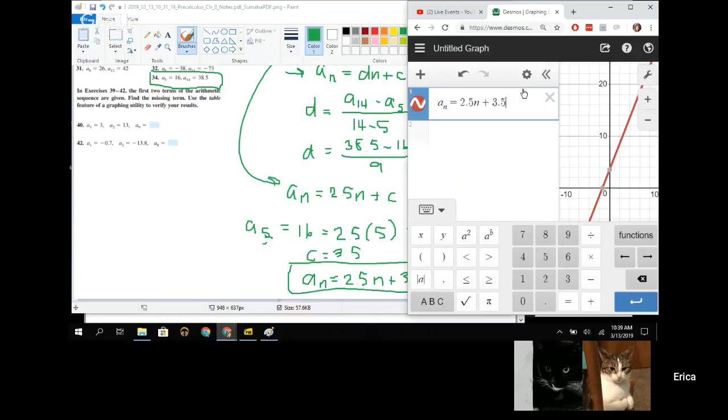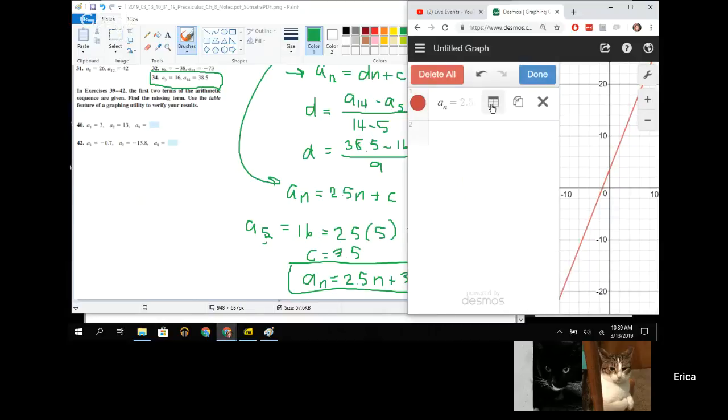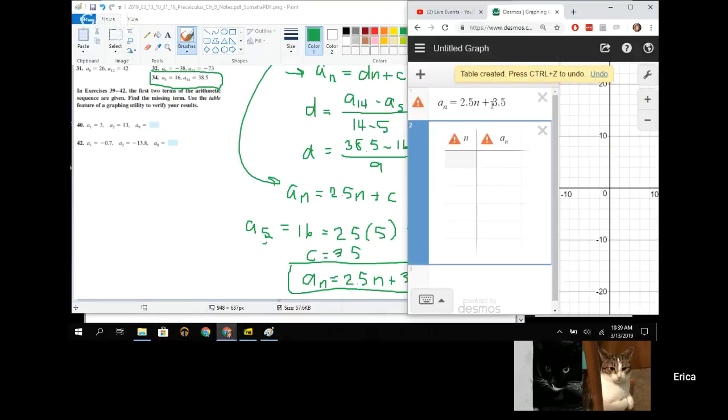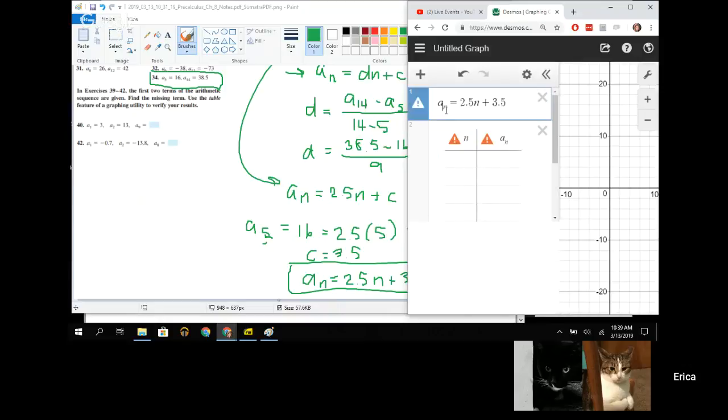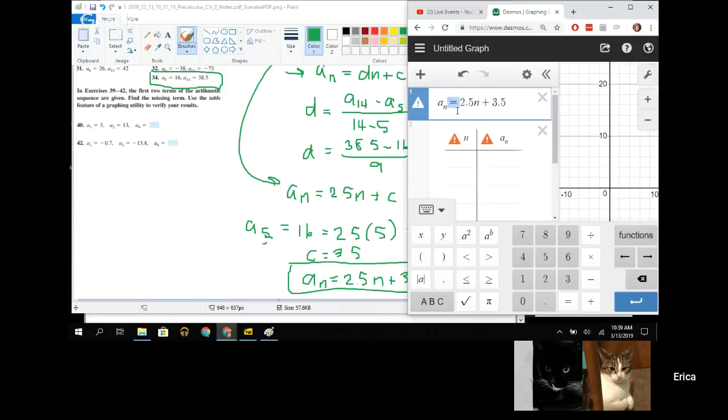Okay. And then what we want to do is change this to a table. Let's see, we want to know if n equals 1. No, it doesn't like that a sub n thing. I've got to figure that out.